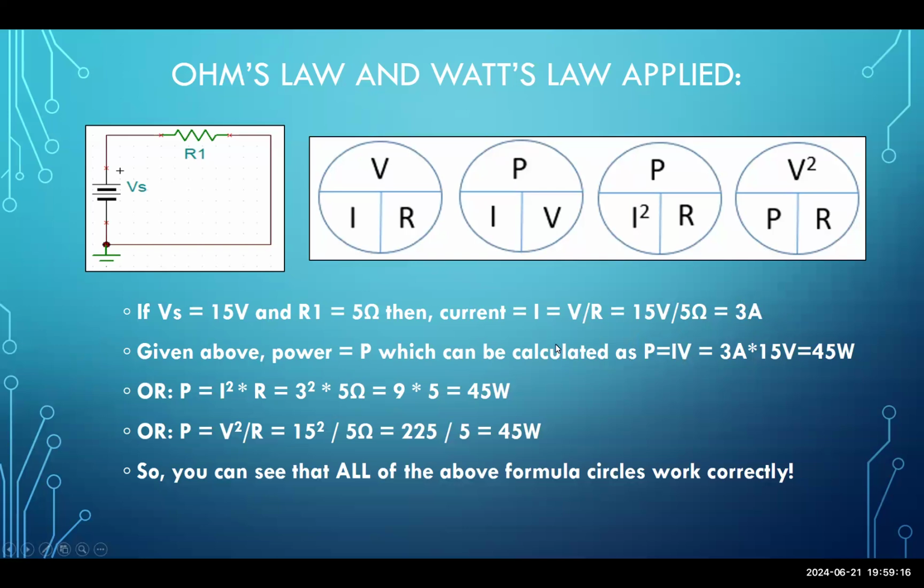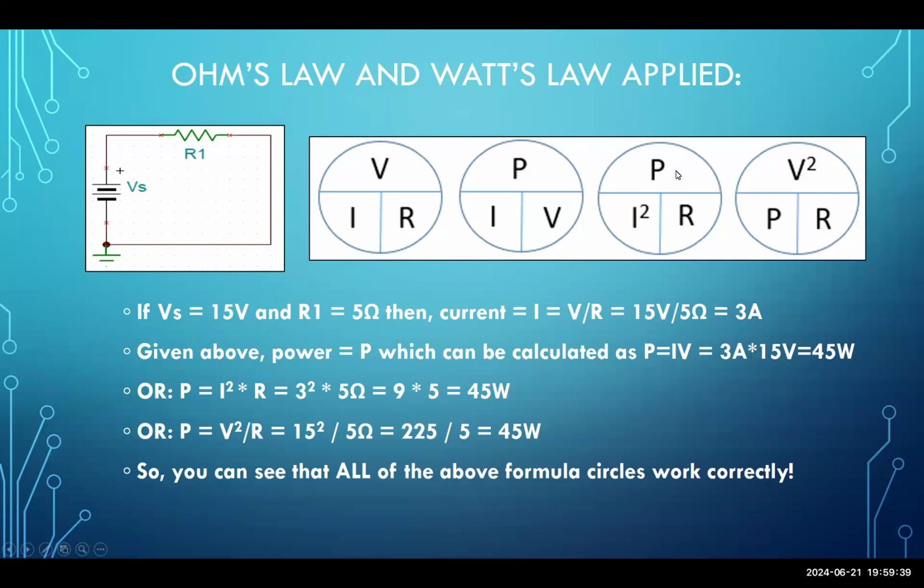We are given voltage is 15 volts. So power is equal to I times V, from this circle here. You put your thumb over the P, you see it's I times V. So what's 3 amps times 15 volts? 45 watts.